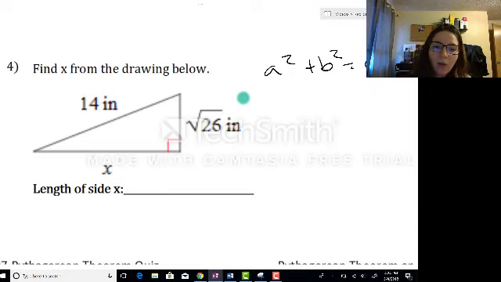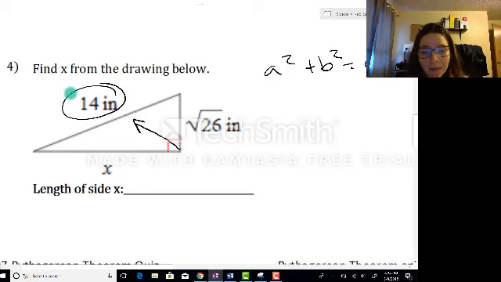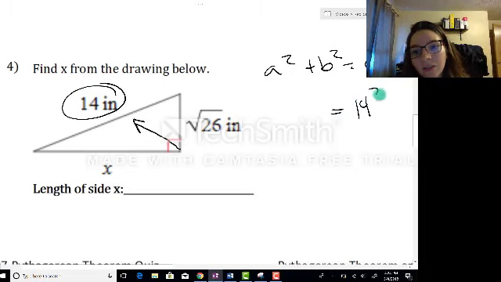So I know that c is always directly diagonal from the right angle. So that means that 14 is going to be my c. So I'm going to plug that in just as it looks. And I'm going to do the same thing for 26. 26 is going to be my a or b, it doesn't matter. So I'm going to plug that in just how it looks.